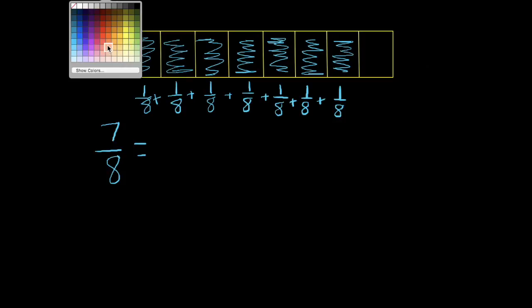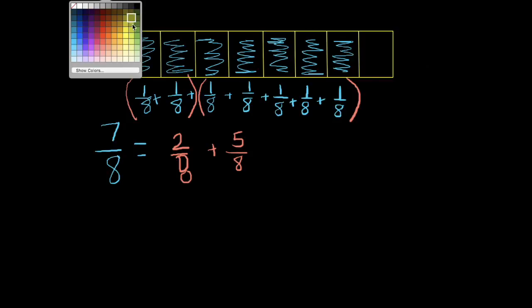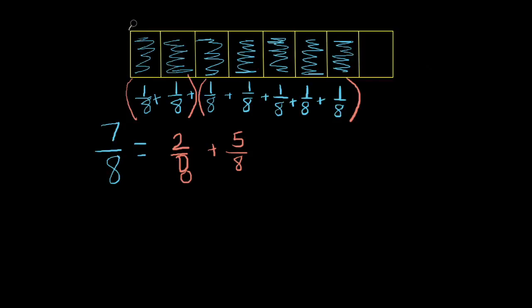I can decompose this in different ways by grouping some of these together. Let's say I wanted to put parentheses there and there. I can write those 2 fractions. My first parentheses represents 2/8. My second set of parentheses represents 5/8. Together, my 2/8 plus my 5/8 adds up to 7/8. I could break this apart into even smaller categories if I wanted to.